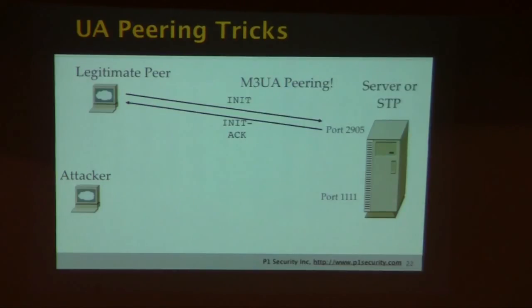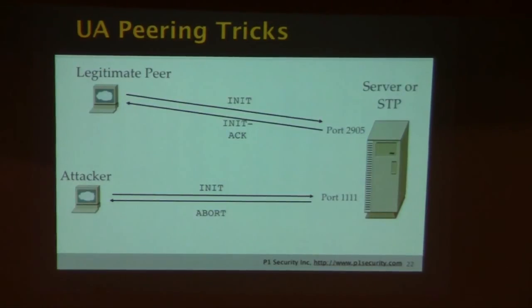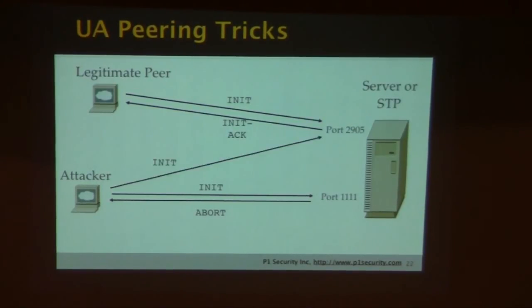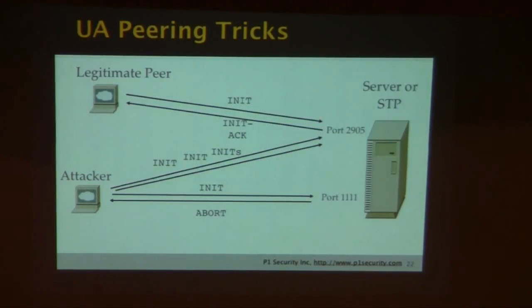Very often, when you're coming from a non-standard port, it's not going to give you any kind of answer if you talk to a legitimate port. So by the non-answering, you can actually detect that you're talking to a port that will accept connections from another network.